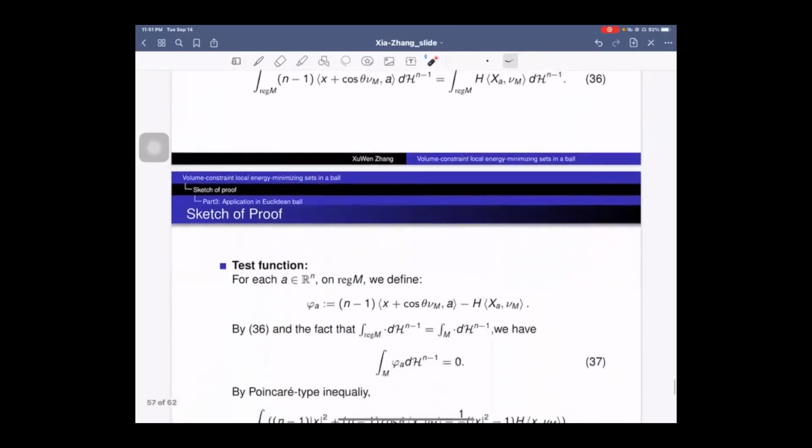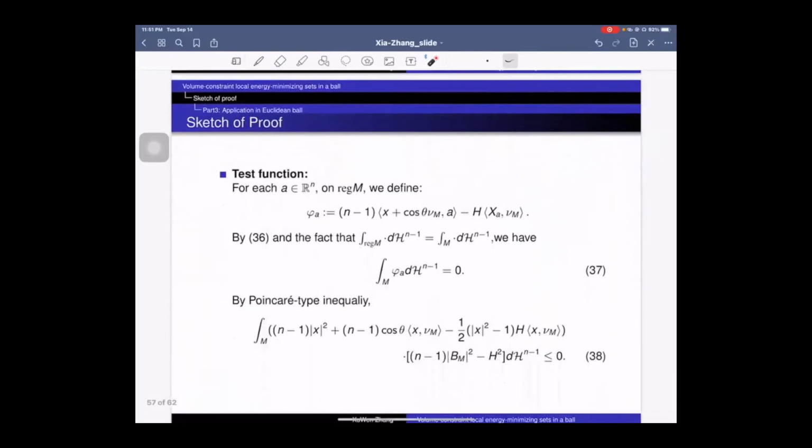So in order to use the Poincaré type inequality, we will have to construct some test function, which is smooth on the regular part of M and whose integral over M vanishes. We define this test function to be this, and we can check that its integral is indeed 0. So we can use the Poincaré type inequality to see that this inequality holds.